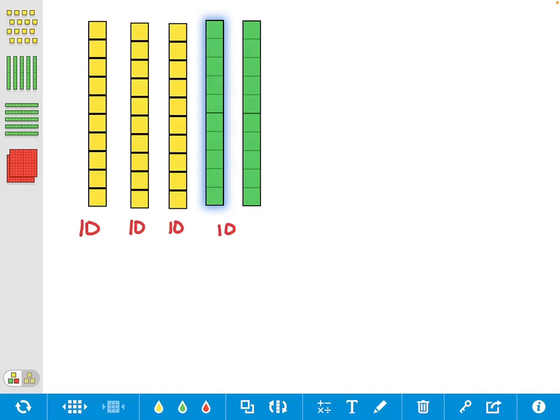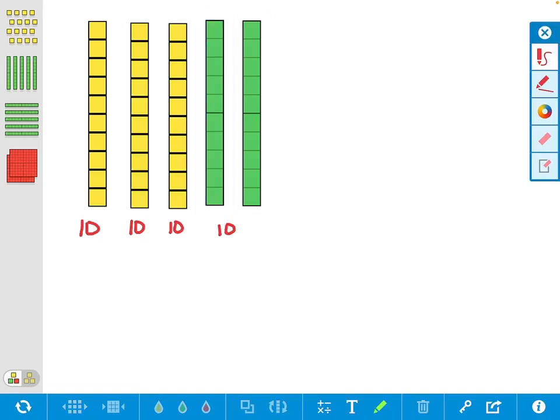So if I were to count all of these, I would probably want to count them by tens, right? So let me erase these, and we're going to count how many we have all together. This one would be 10, then 20, then 30, then 40, and 50.